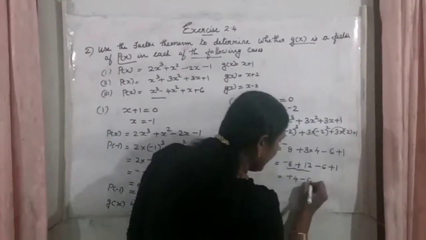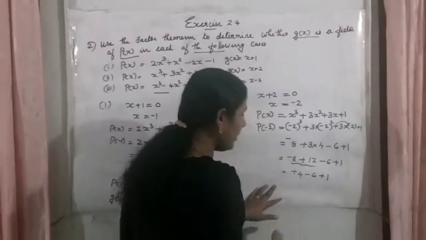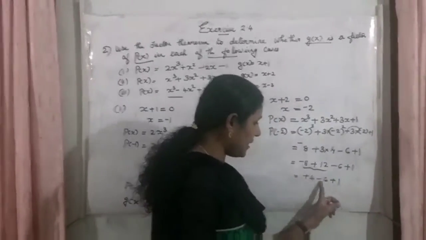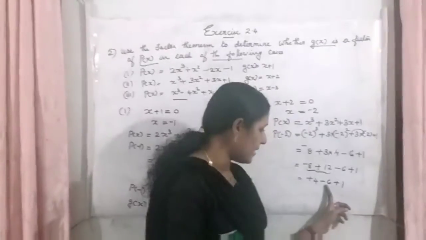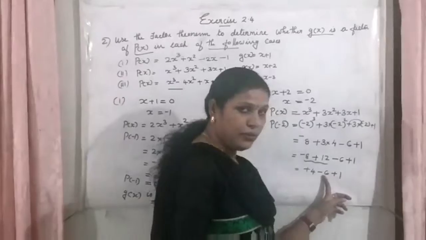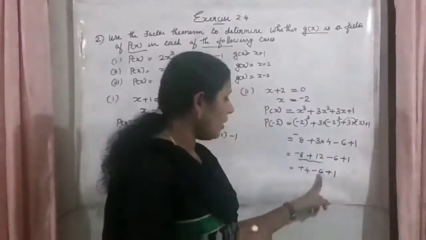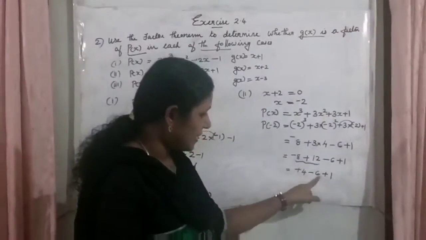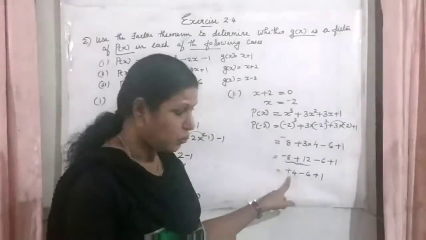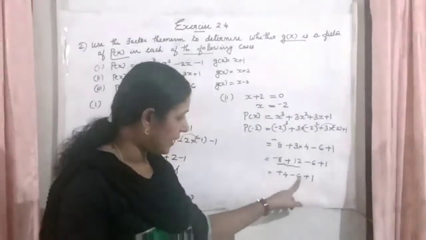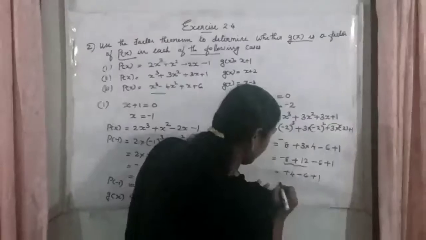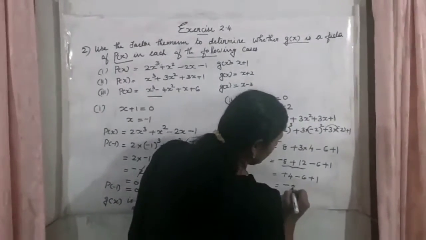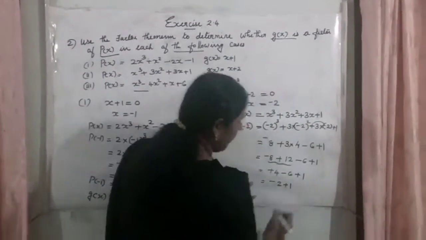Then minus 6 plus 1. Here plus 4 minus 6: different signs come, so we subtract and put the bigger number's sign. 6 minus 4 is 2, and the bigger number's sign is minus, that is minus 2 plus 1.